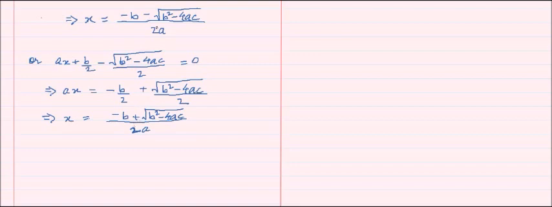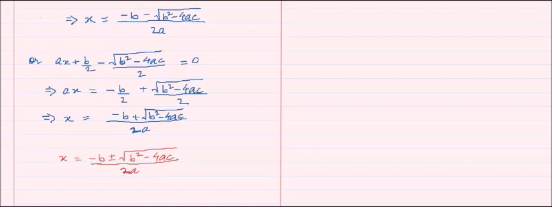So we can combine these two results and write x is equal to minus b plus minus under root b square minus 4ac by 2a.